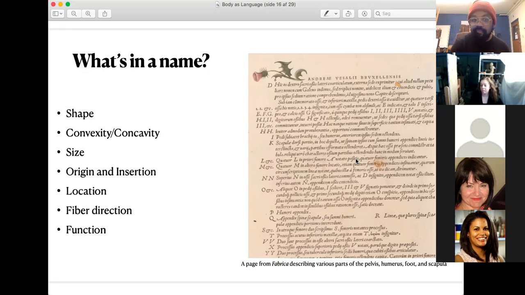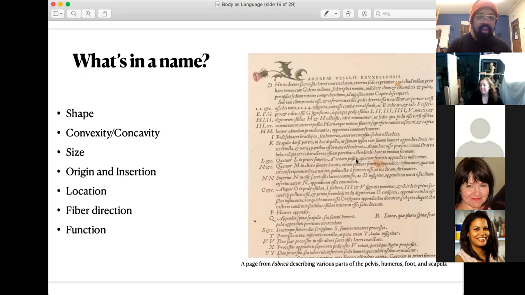Fiber direction, for example, longissimus is one. Longissimus is a very long muscle on your spine, and the fibers do that same exact thing. They just follow vertically up the spine. And function. Function is like pronator teres, the round muscle that turns the arm is what it translates to.